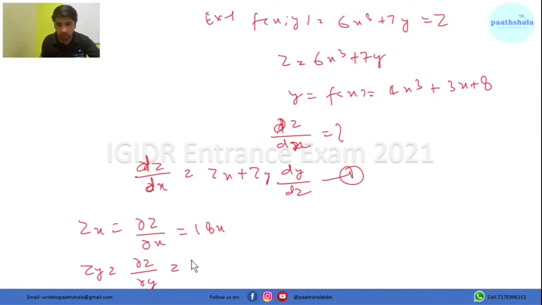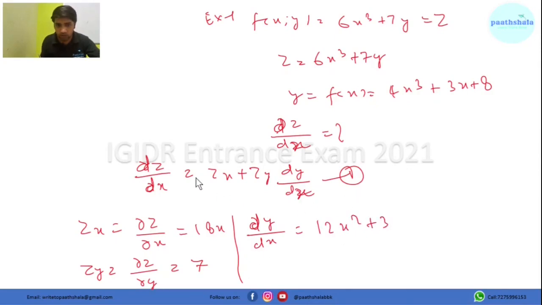Now we have to find the dy by dx. So dy by dx equals 12x square plus 3. Now put all the values in equation 1.